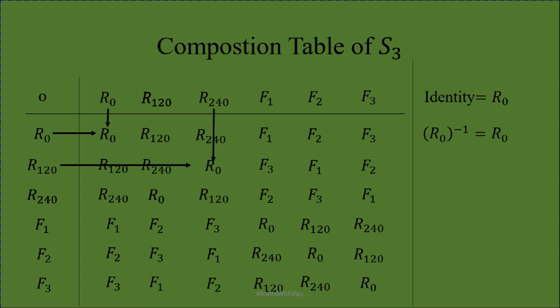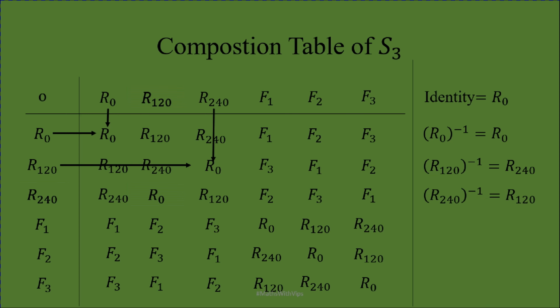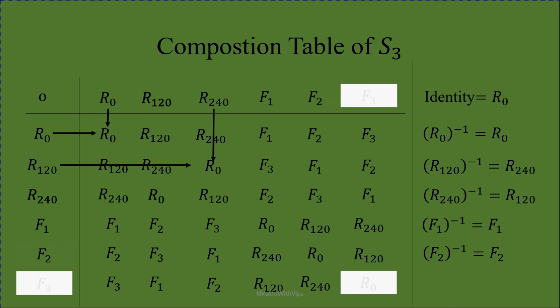So we can say that R240 is the inverse of R120, and we can rewrite that as R120 raised to negative 1 is equal to R240. On the same lines, for R240, we have R120 to be the inverse. For F1, we have F1 to be the inverse. For F2, we have F2 to be the inverse, and the same for F3, it is the inverse of itself.